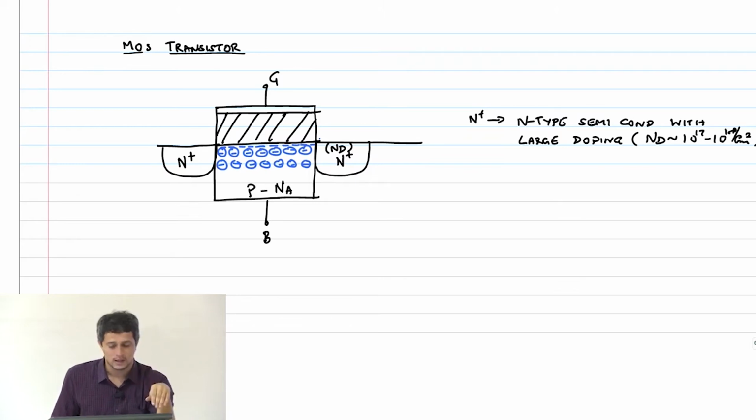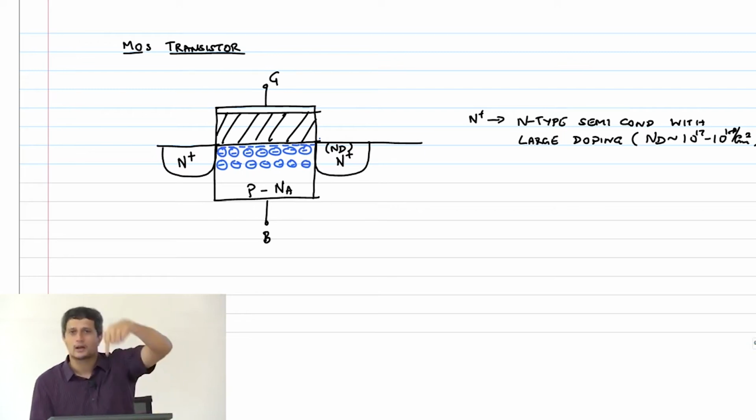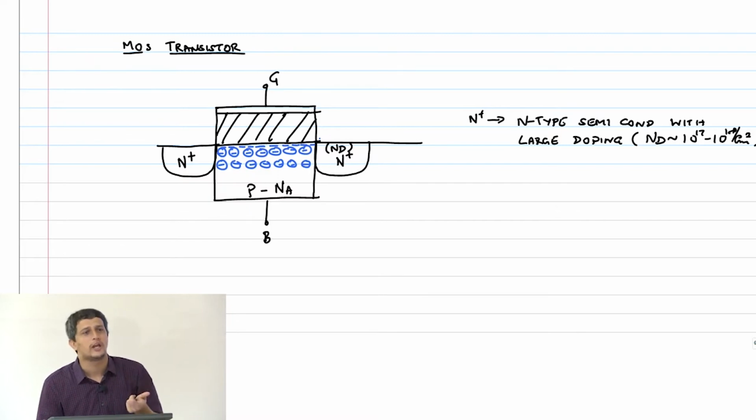Now if I apply a lateral electric field, the vertical electric field is actually creating the inversion charge for me. If I now apply a lateral electric field, then I can cause these free electrons to move, correct.